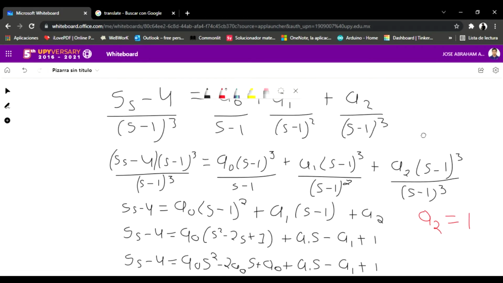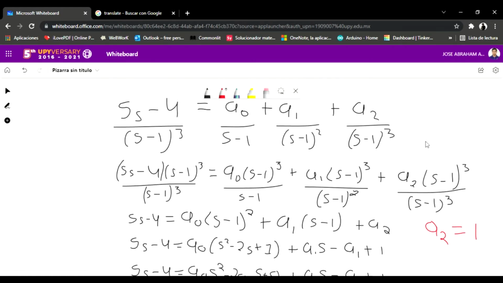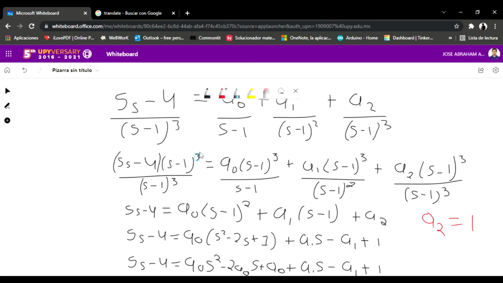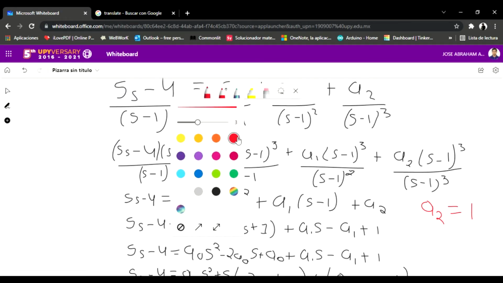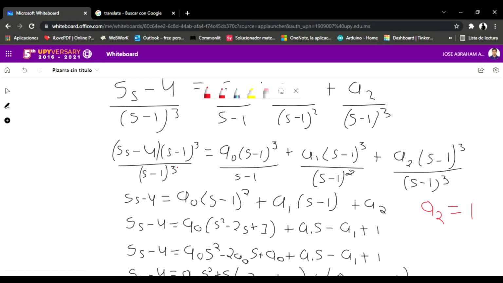Then to have the whole equation in a linear form, we multiply by (s minus 1) cubed on this side of the equation and on this side too. For that reason, each term has a (s minus 1) cubed. So we can start to eliminate the denominators to have everything in a linear form.